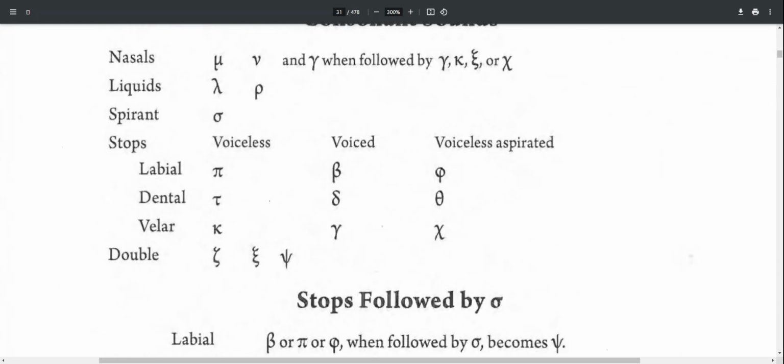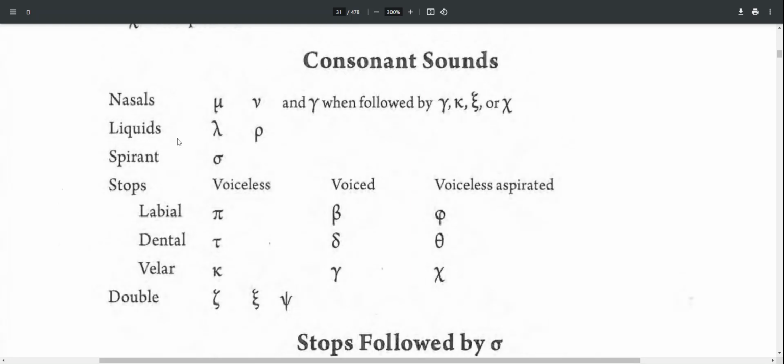And you have this table of consonant sounds: nasals, mu and nu, and gamma when followed by gamma, kappa, xi, or chi; liquids, lambda and rho; spirant, sigma; stops, voiceless stops, voiced stops, voiceless aspirated. Labial: pi is voiceless, beta is voiced, phi is voiceless aspirated.